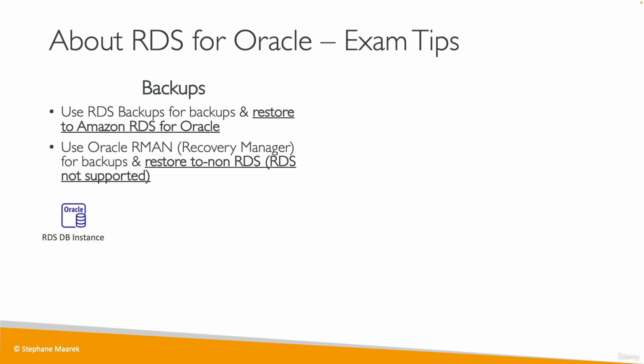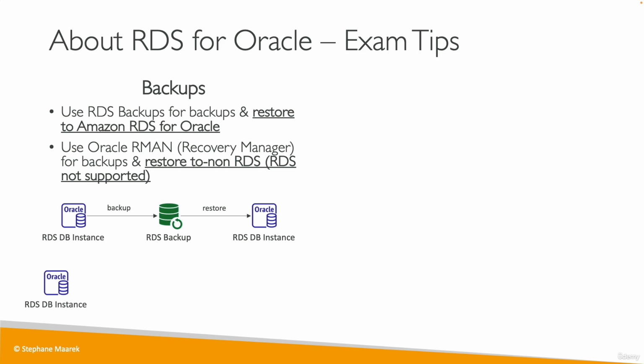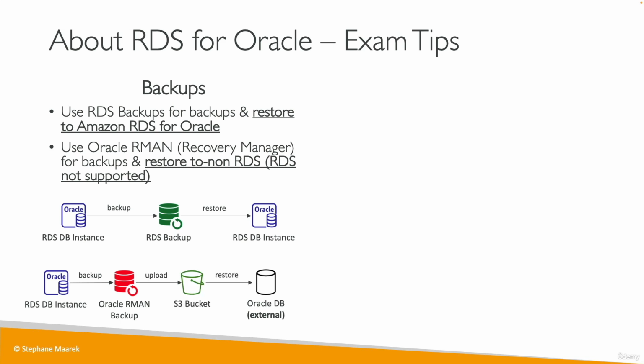RDS backups obviously must be backups of your RDS database instances, and then they can only be restored into an RDS database instance. Whereas, again, RMAN works for RDS database instance in terms of, yes, you can back it up, but then the restore only happens for an external Oracle database. It does not happen for an RDS database instance.